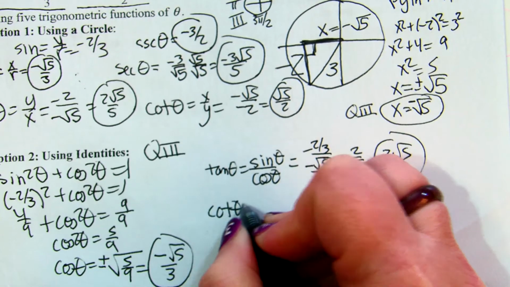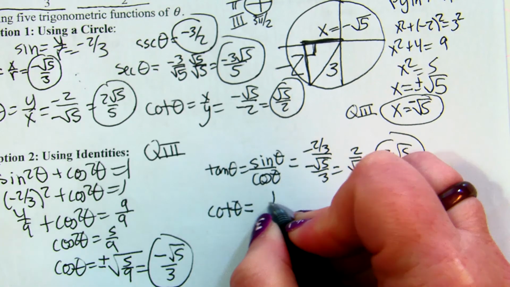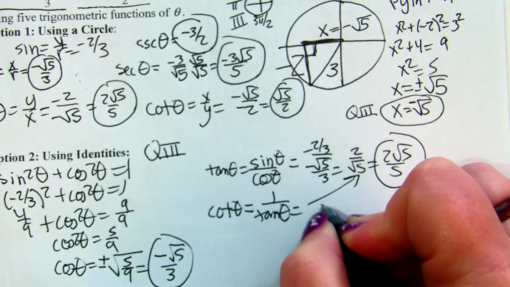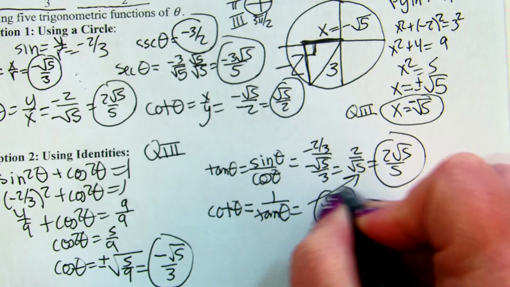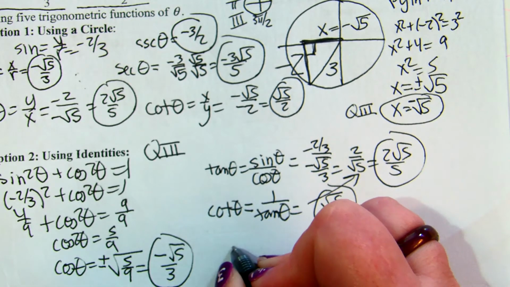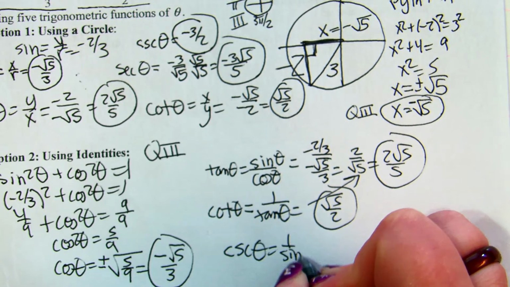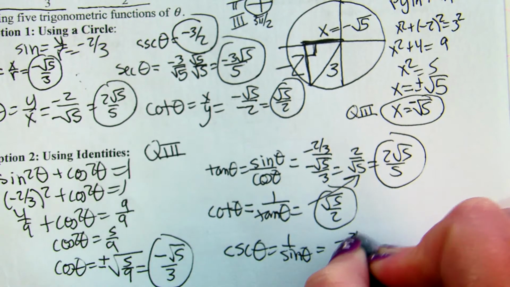Cotangent theta is 1 over tangent theta. So it's right there, the reciprocal. Cosecant theta is 1 over sine theta, so it's negative 3 over 2.